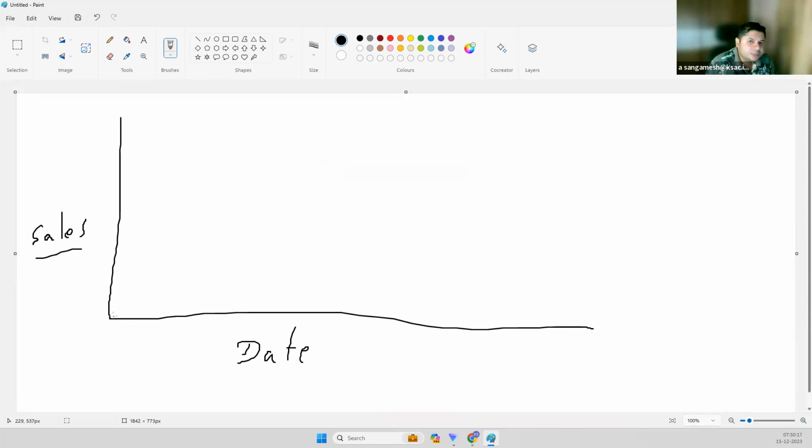The sales will be like this. One fine day, let's assume we have Deepavali. Let's assume we have Christmas. So these are your outliers.